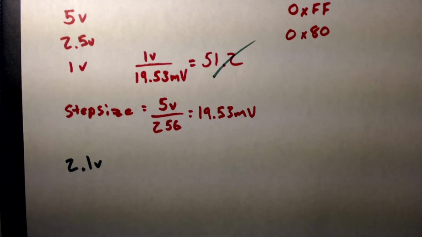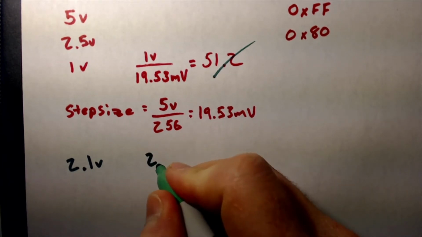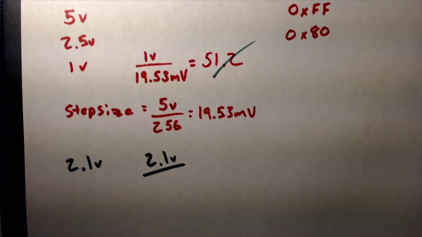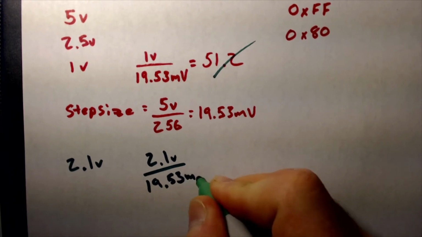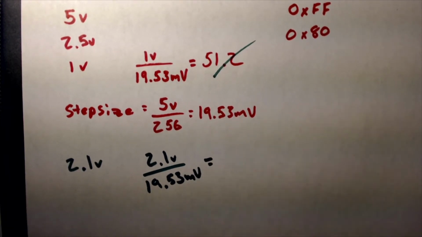Well, that's going to get converted into 2.1 volts divided by 19.53 millivolts, which is going to equal 107.5.